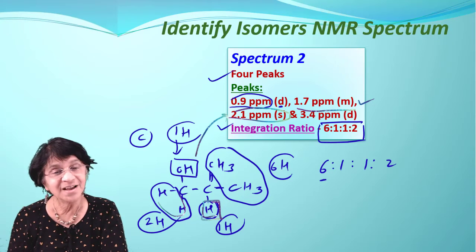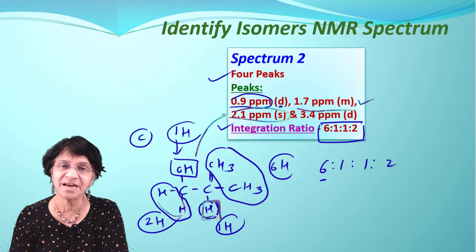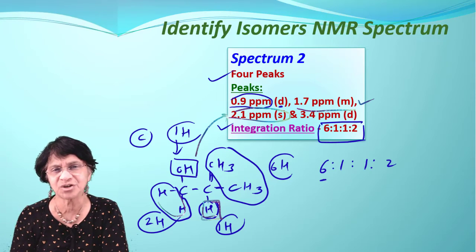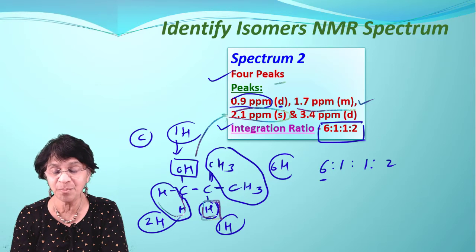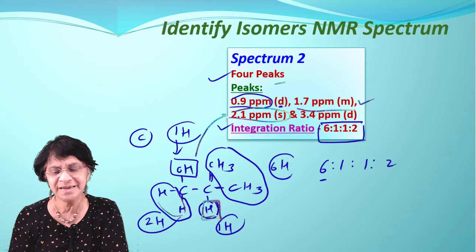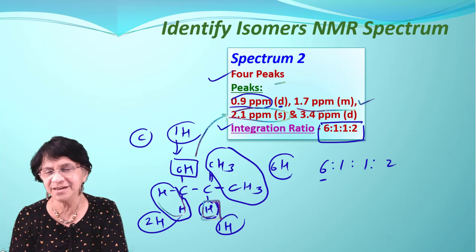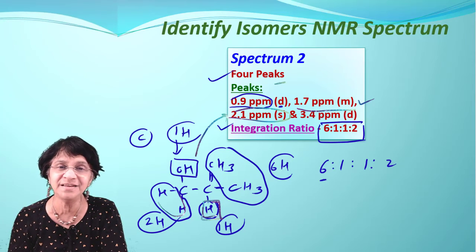Now here's the deal. We use the peaks, their chemical shift and their splitting pattern to confirm the structure. The most important part here was the number of peaks. That helped us narrow down which compounds were matching. Then we also looked at the integration ratio. Those are simple, easy things to look up in any NMR spectrum or for any given compound.